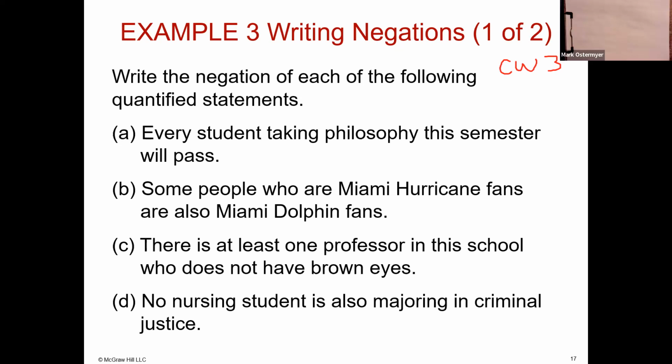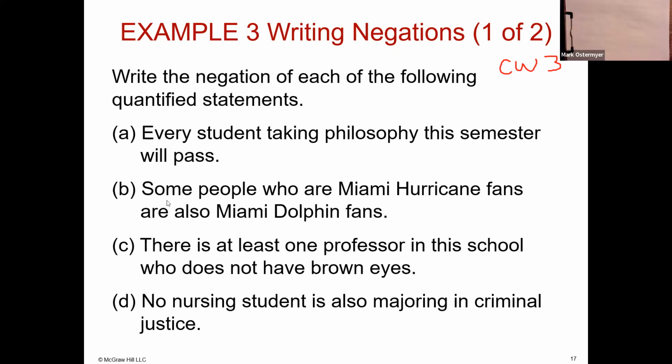B: some people who are Miami Hurricane fans are also Miami Dolphin fans. Keep in mind the word some can be replaced with at least one person who is a Miami Hurricane fan is also a Miami Dolphin fan.